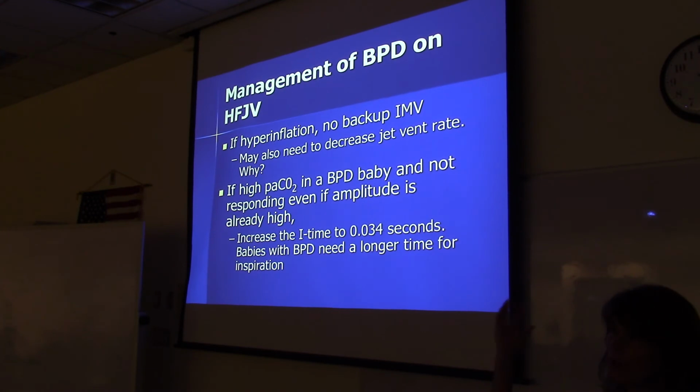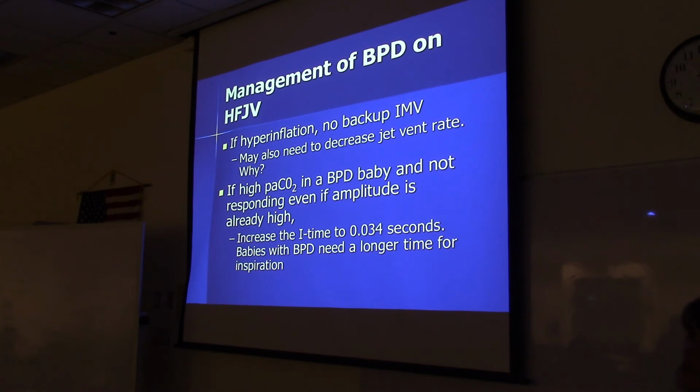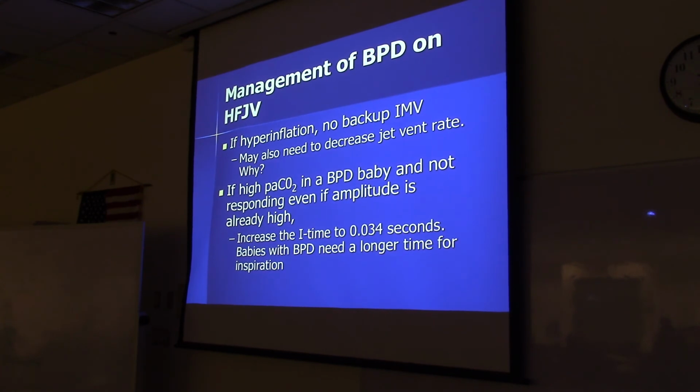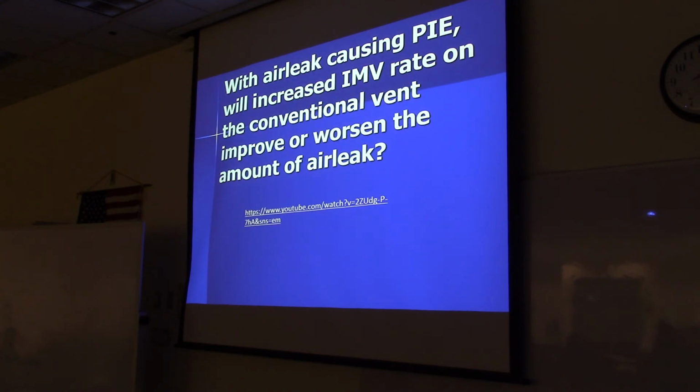But to give them more amplitude when their alveolar structures are already damaged, you try to avoid that, so a longer I time. Is it longer or shorter? 0.02 to 0.034, isn't that longer?